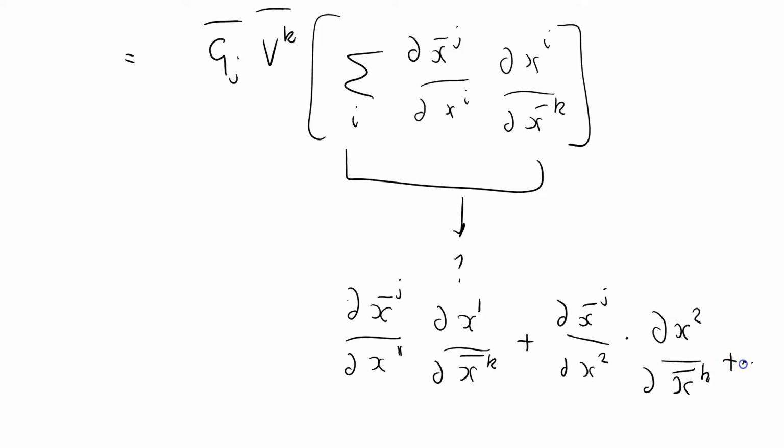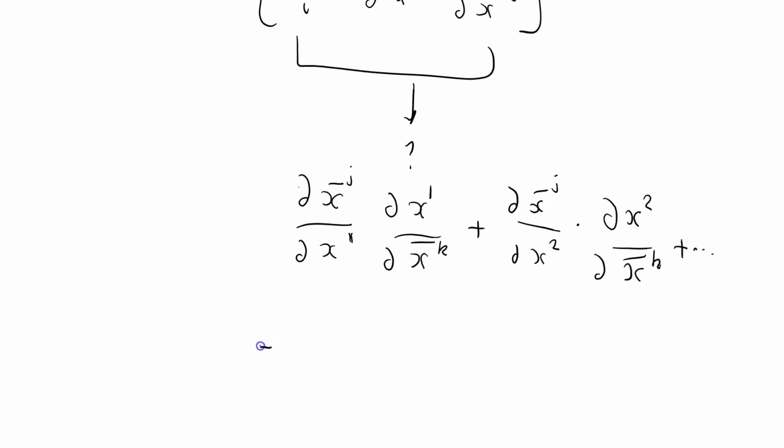Plus all the other terms, equals ∂ x̄^J by ∂ x̄^K. Because what I've done is decompose the equivalence of ∂ x̄^J. I'm writing it in terms of how it changes with respect to x1, x2, x3, x4 and so on.